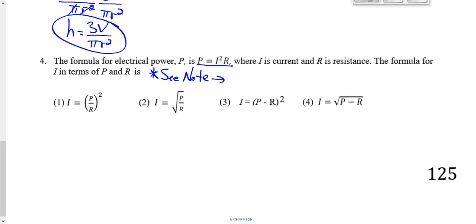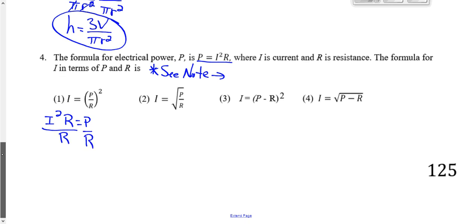Okay, so let's do I squared R equals P. Remember, reverse PEMDAS. What should we do? Divide both sides by R. What does that leave me with? I squared equals P over R. Okay? I don't want I squared.